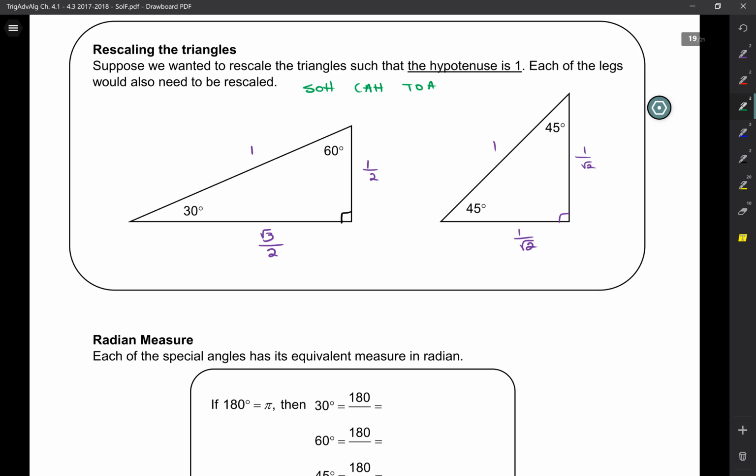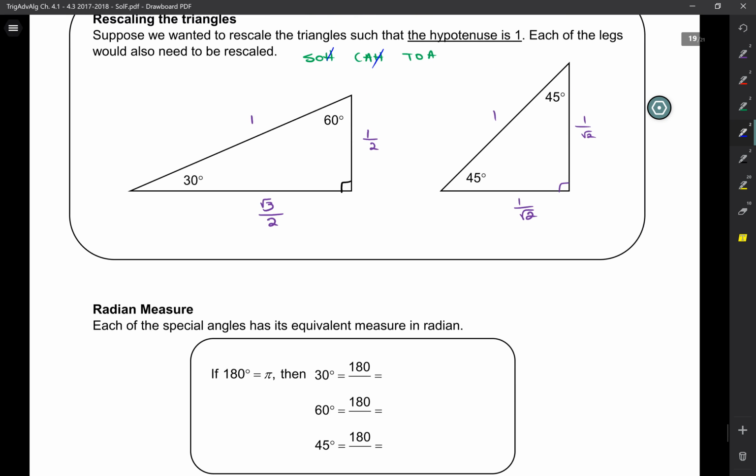It stays the same. When you have 5 divided by 1, 7 divided by 1, 1/2 divided by 1, it stays the same. So when you rescale the triangle, one of the benefits is that when you're doing SOHCAHTOA, you can just drop the H. So now if I wanted to find the sine, it's just opposite, 1/2. If I want to find the cosine, it's just adjacent, √3/2. Okay?